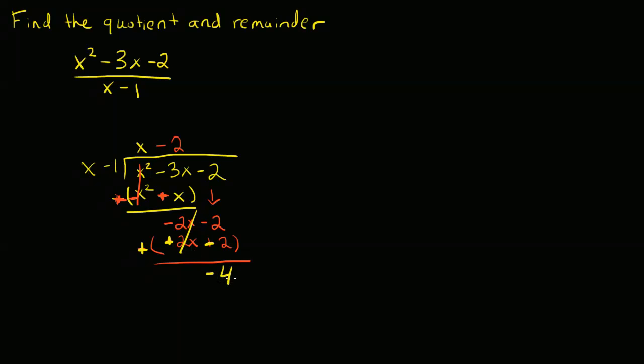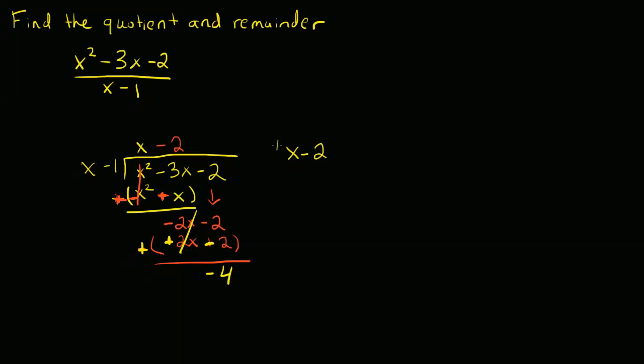Now this is where I stop because nothing times x is going to be negative 4. Okay, so I go ahead and stop here. And, well, when I say nothing, I mean nothing with a power higher than 1, right? So we stop there, and we say, all right, so this is my quotient.